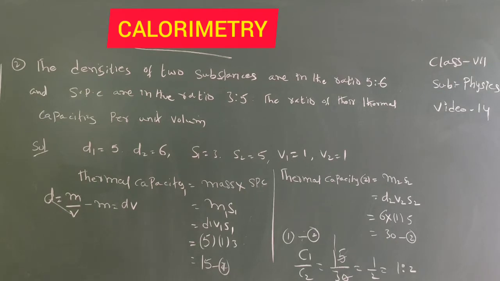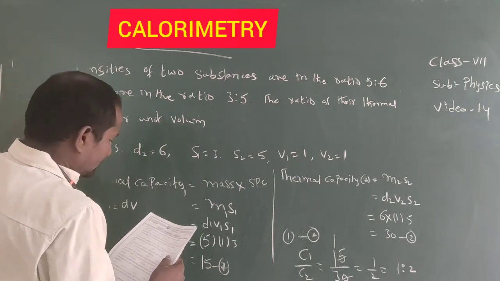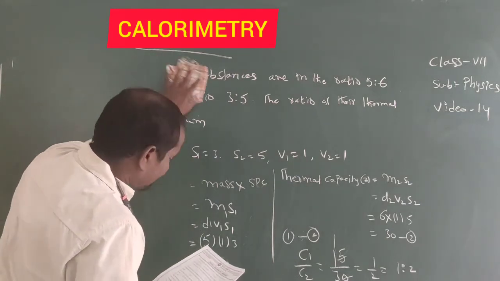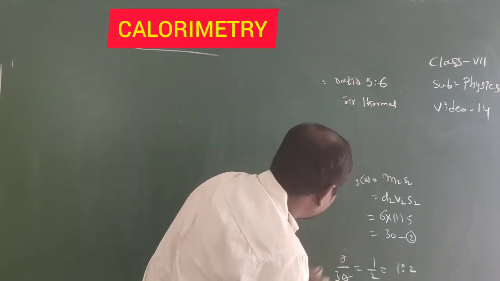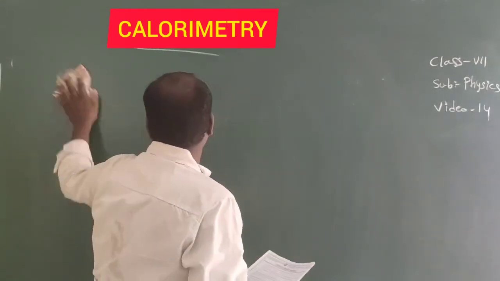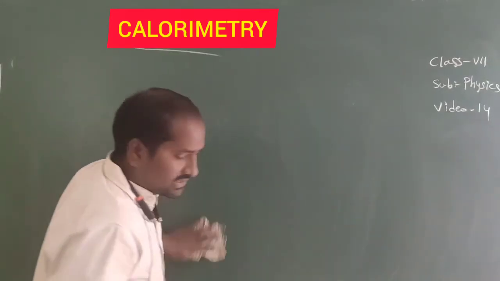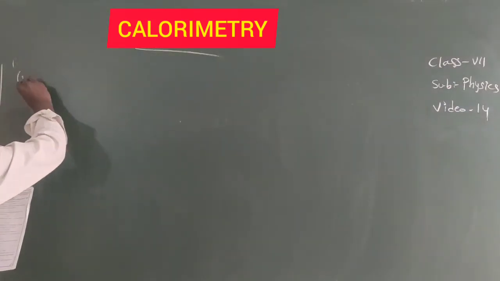Next one. Here specific heat capacity is given, that is 0.09 calorie per gram degree Celsius. Then find this answer in calorie per gram degree Fahrenheit. Okay, we know that rise in temperature, question number 3.